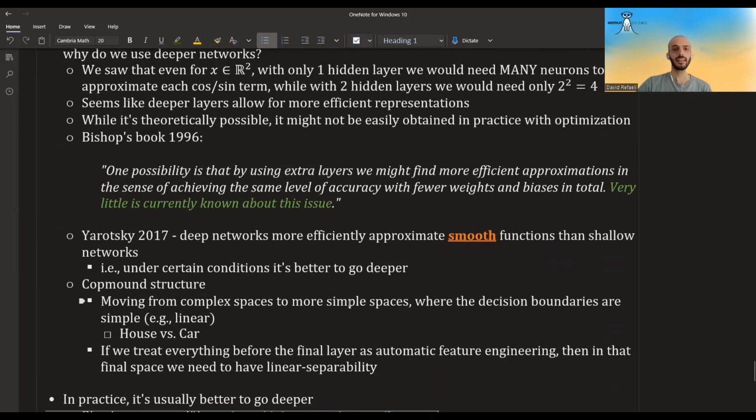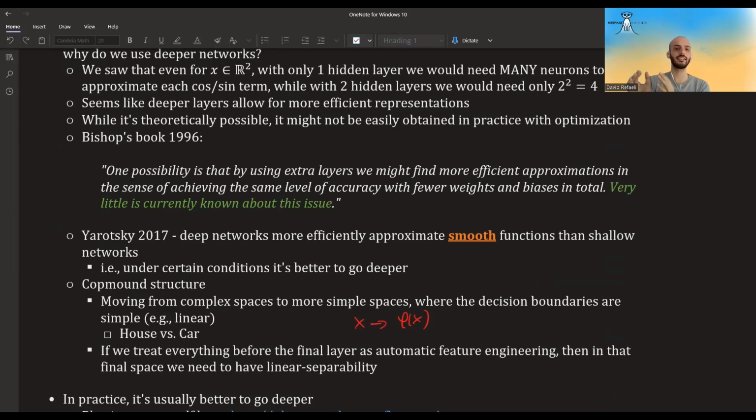And also, I want to go again over this idea of compound structure. So basically, if you add more layers, you can think of it as if everything before the final layer just tries to find a simple space. It's basically a sort of feature engineering. So it's moving from X to some phi of X, some other space, some other features of X. And then in the final layer, it's like you have a zero-hidden-layer network, and all it can do is find a linear separator.